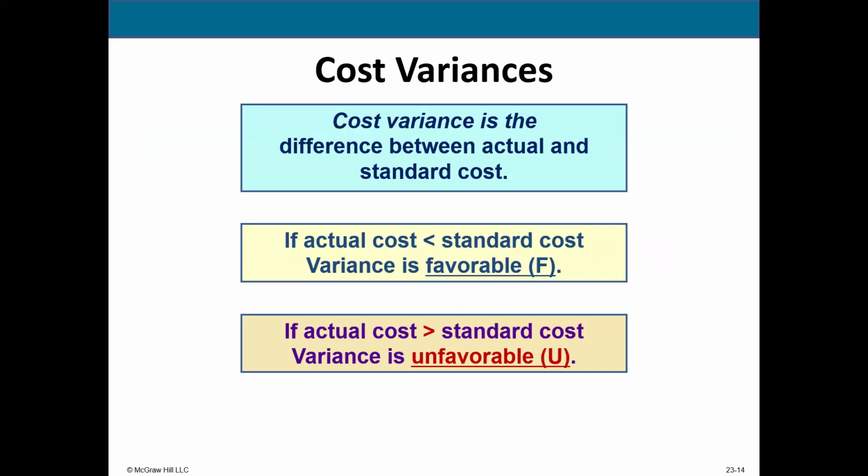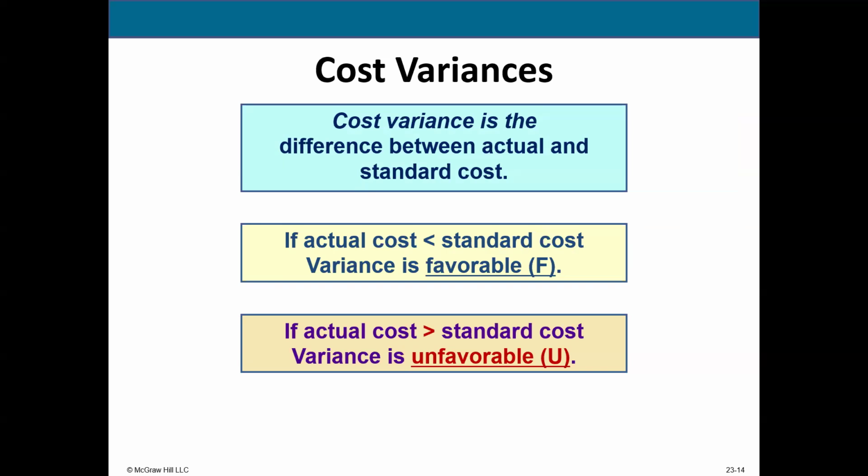We really look at the difference in all of our costs. So the difference in number of hours that it takes, the difference in the hourly rates, to really understand our variances, our differences. So we call these differences cost variances. It's the difference between the actual cost and the standard cost.